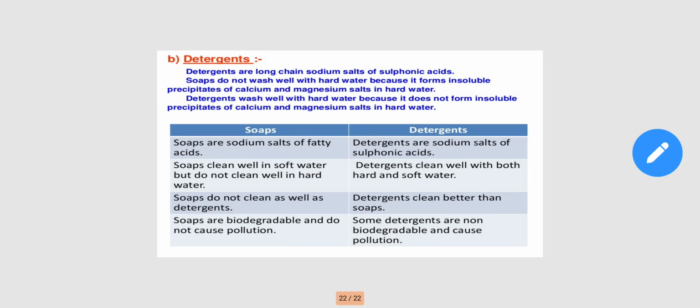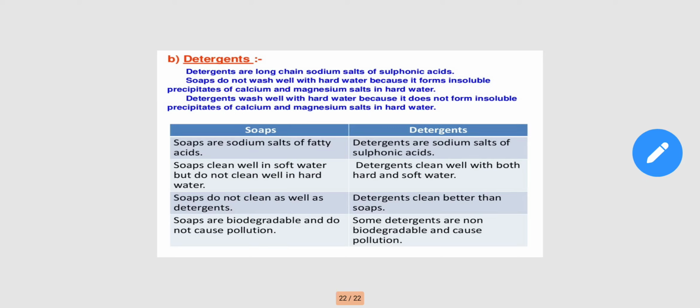Soaps clean well in soft water but not in hard water. But detergents clean well with both hard and soft water. Soaps do not clean as well as detergents; detergents clean better than soaps. Soaps are biodegradable and do not cause pollution. Some detergents are non-biodegradable and cause pollution.